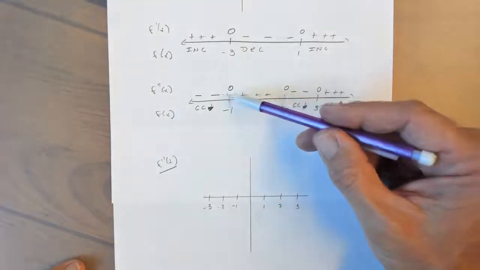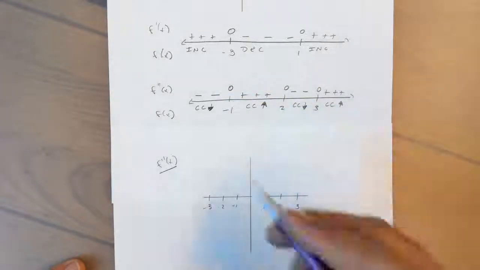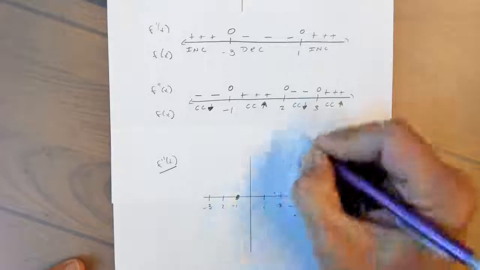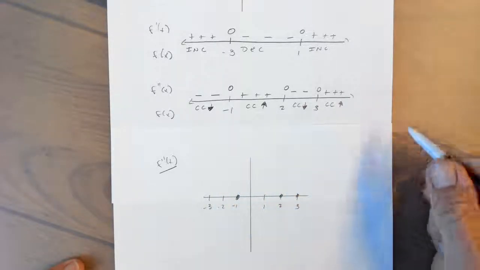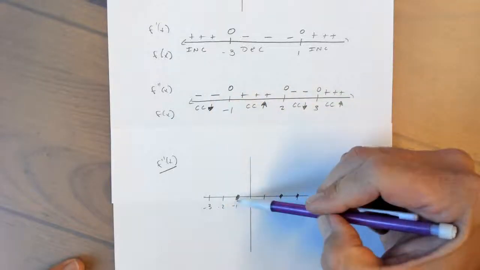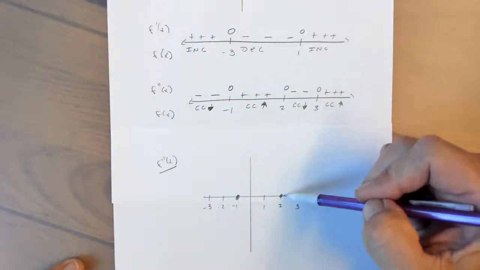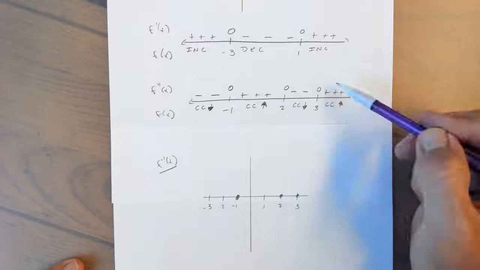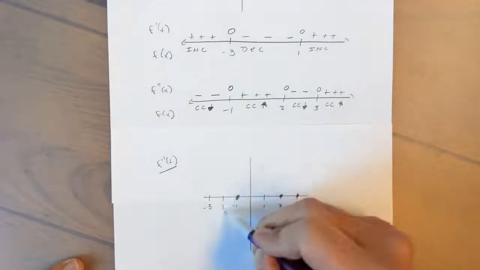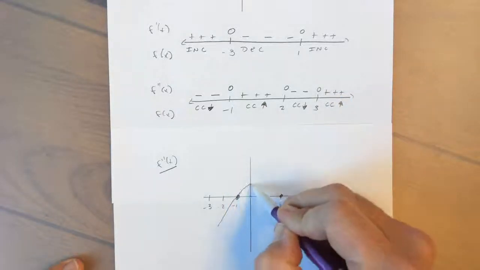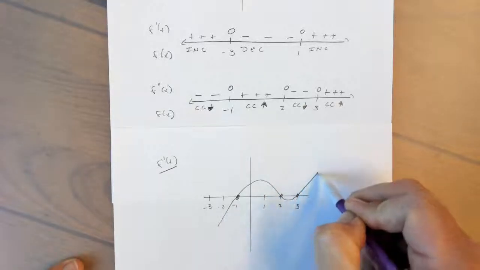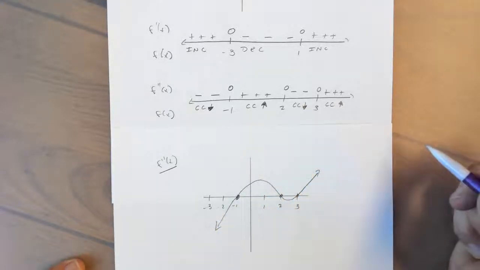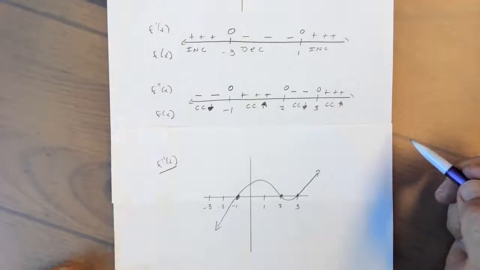So we look and we see that the second derivative has a 0 at negative 1, a 0 at 2, another 0 at 3, and we are negative, 0, positive, 0, negative, 0, positive. So there's the graph of our second derivative.